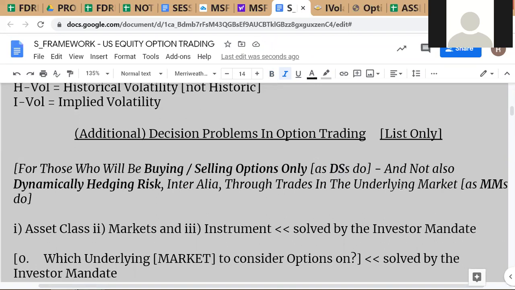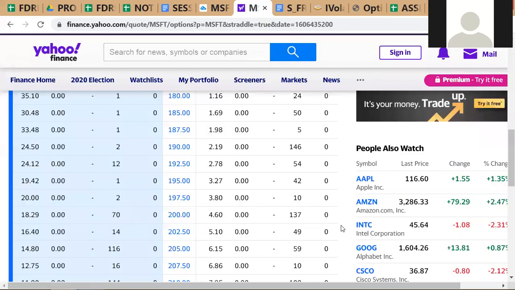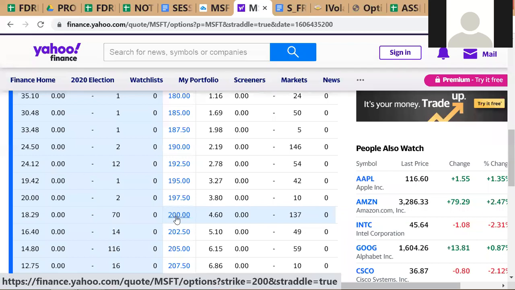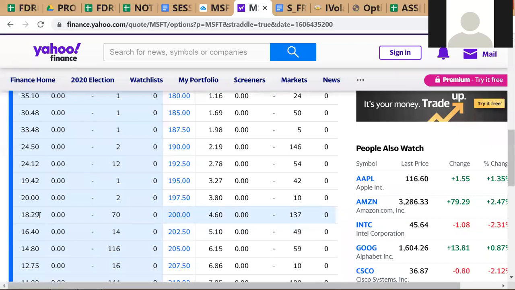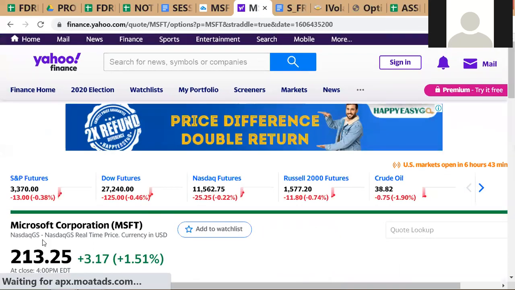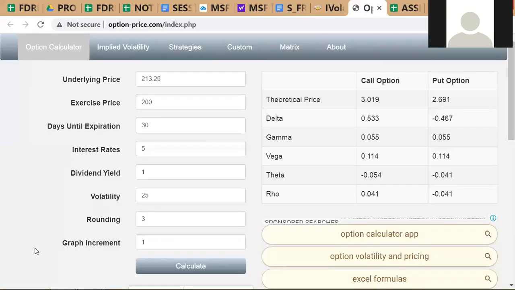Underlying market in this case means, here the options are options on Microsoft common stock. So a Microsoft options market maker will sometimes be buying and selling options as well, but he will also be very actively buying and selling the underlying asset to balance the various risks. We will discuss this, but these are the various risks that are thrown out by an option pricing model. So mainly he'll be managing the gamma risk, gamma and delta are connected actually, and the vega risk. For that he'll be buying and selling options.